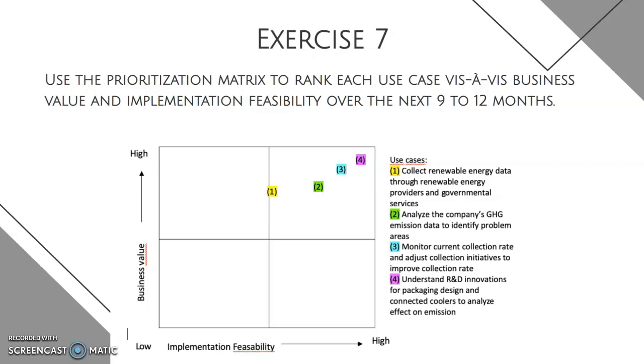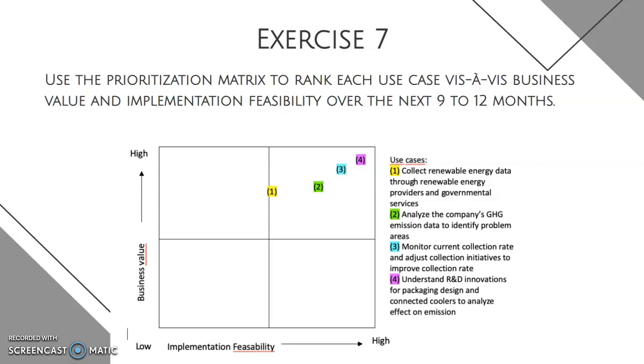And then analyzing the company's GHG emission data to identify problem areas. We thought that was a little bit more important, specifically in the implementation feasibility piece. And then monitoring current collection rates and adjust collection initiatives to improve collection rates. We thought that was even more important for business value and implementation feasibility.